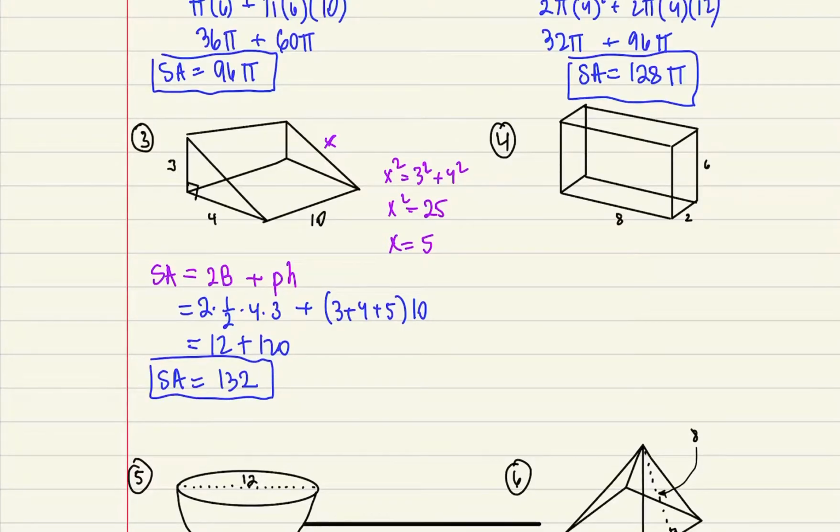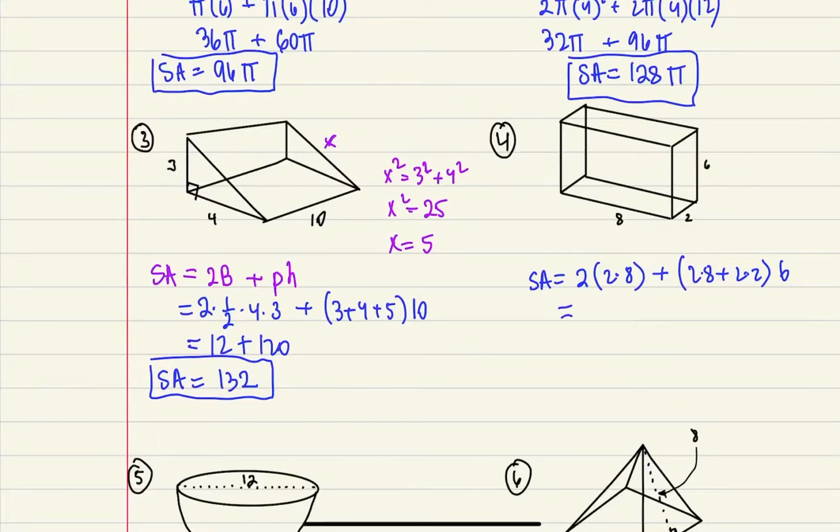Okay, our next object is a rectangular prism. The formula is exactly the same. We know all the dimensions. So basically the surface area is going to be, there are two bases, and those bases are 2 by 8, plus the perimeter of the base, which is 2 times 8 plus 2 times 2, times the height of the entire prism, which is 6.